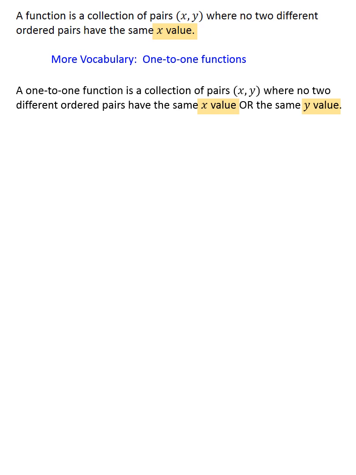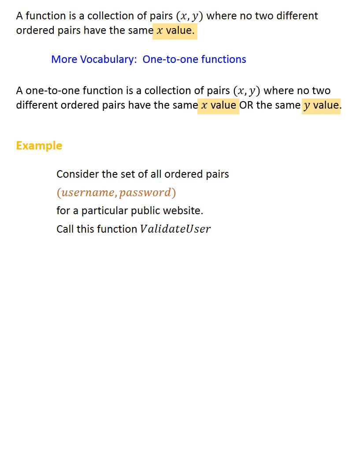I'd like to look at 4 examples of functions that we've seen already in this video and analyze them for whether they match the criteria for being a one-to-one function. The first example, you may recall, was a set of ordered pairs, username, password, for a particular public website, and we called this function validateUser earlier. Suppose that there were two users of this website that had the same password.